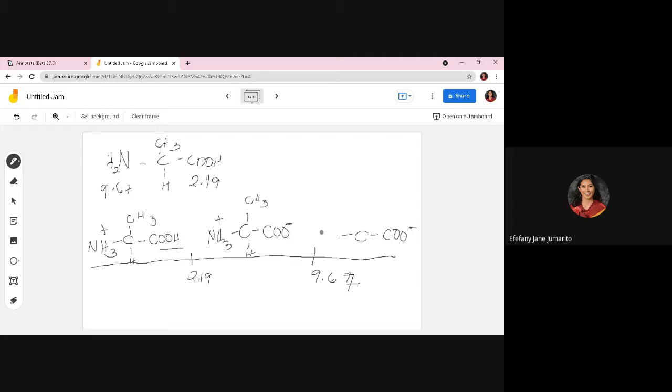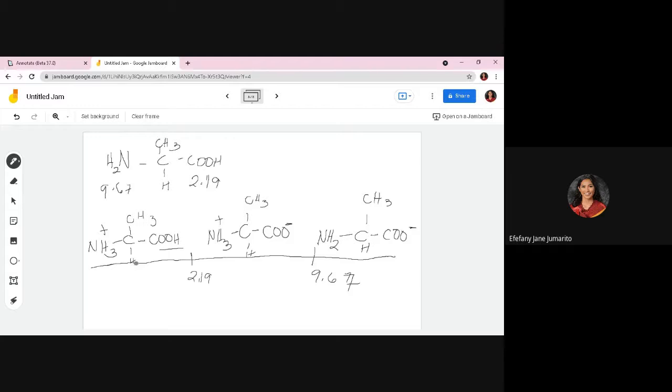Then what happened to the amino group? It is no longer protonated, which means your NH3 loses a proton. Then we have CH3 and then we have an H here.